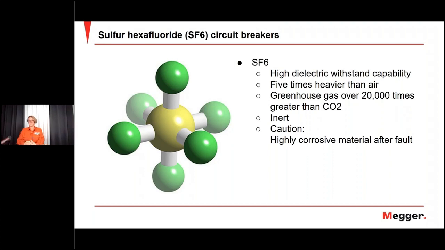So when you have this kind of breakers, it's important to also check the gas containers that they are not leaking continuously. And if there has been an accident, it's important to not touch any leftovers from the gas, because it gets like acid, highly corrosive material from the gas when it has gone through openings and trips.